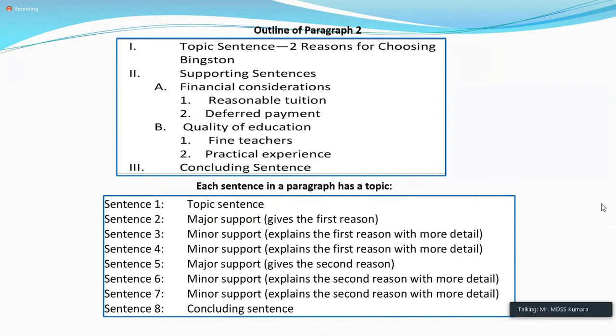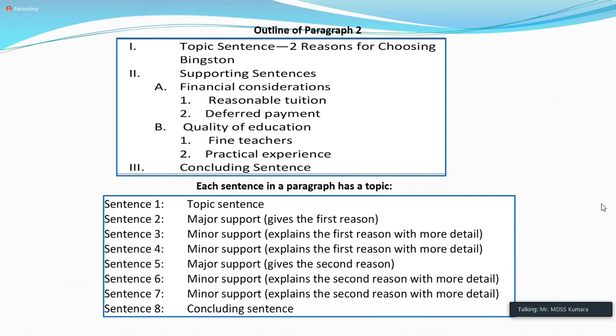And then sentence 5 gives the other major support, the second reason for selecting the university. And then 6 and 7 again give minor support, explaining the second reason with more detail: quality teachers, practical experience. And finally, the concluding sentence.